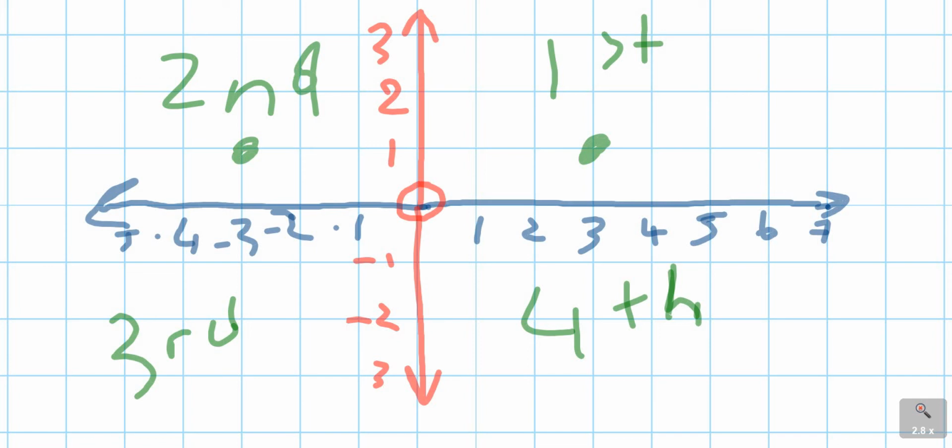If you put your point here, both coordinates will be negative. And if you put your point here, only the y-coordinate will be negative, while the x-coordinate will be positive.